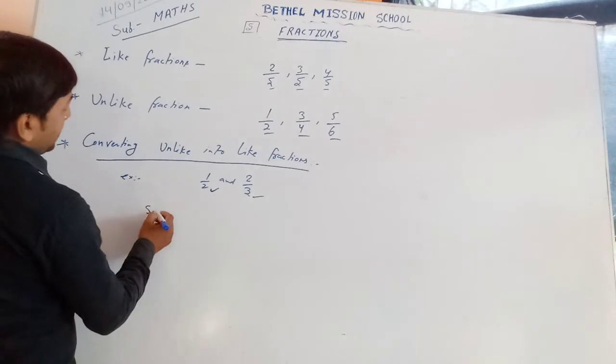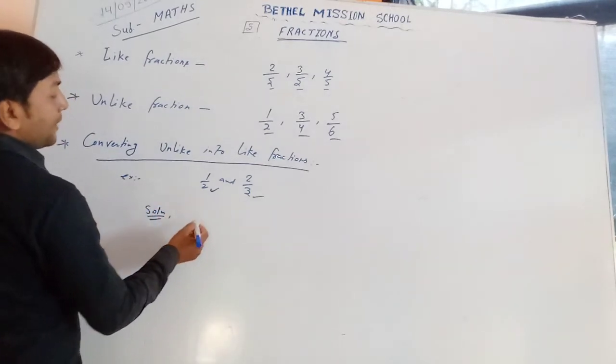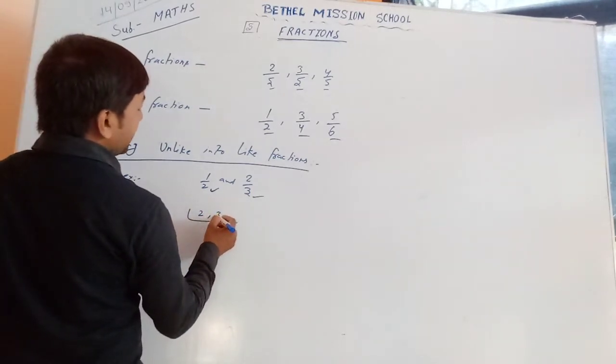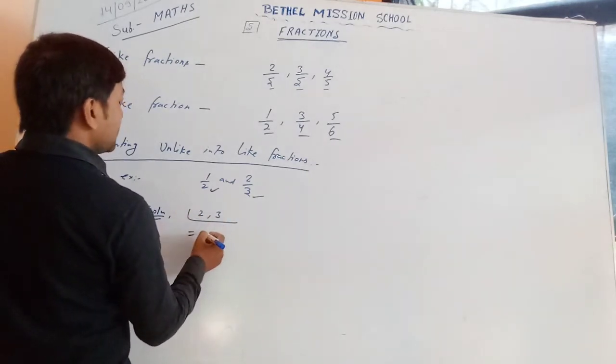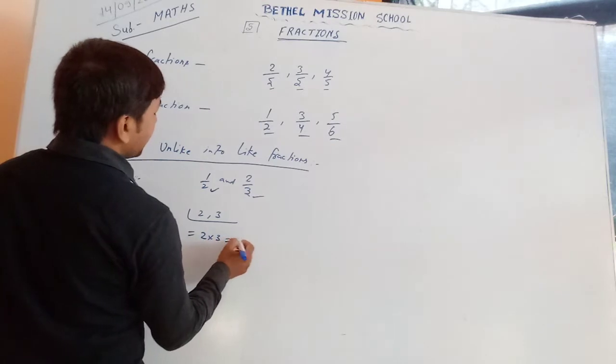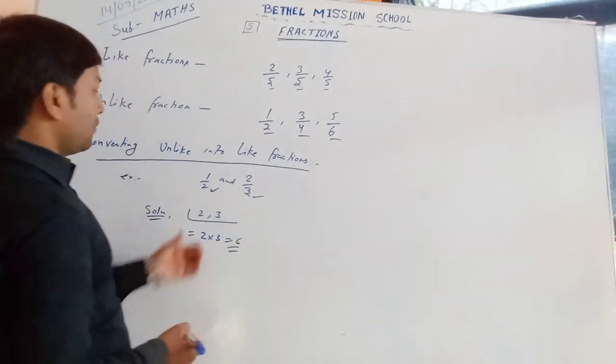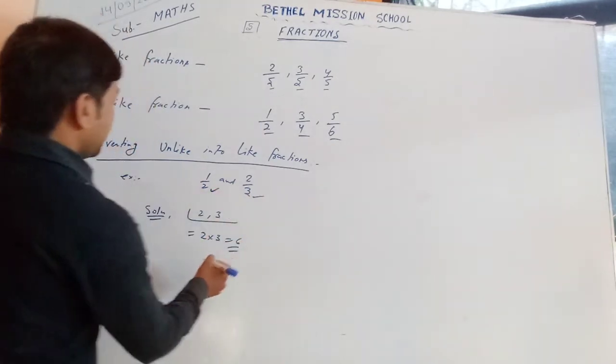The first rule is that you have to take the LCM of the denominators. The LCM of the denominators is 2 into 3, that is 6. Now you have to make the denominators 6.